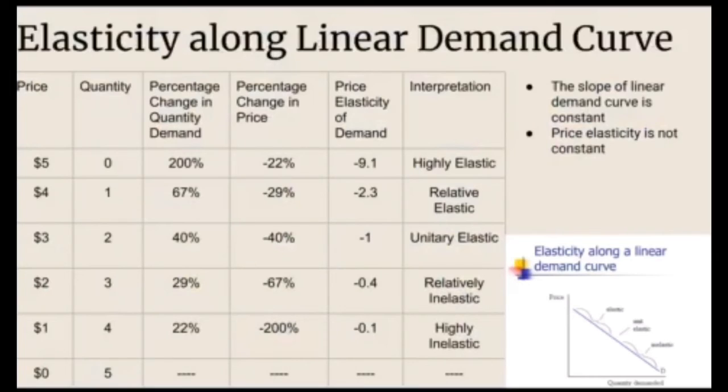At $4 and quantity of 1, we can use 67% divided by -29%, which gives -2.3. From these two examples, we can see the price elasticity is not constant.